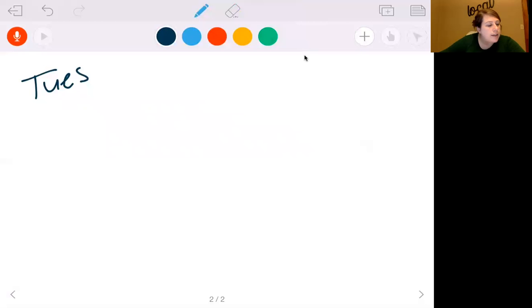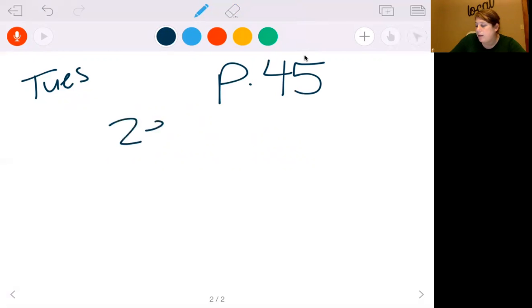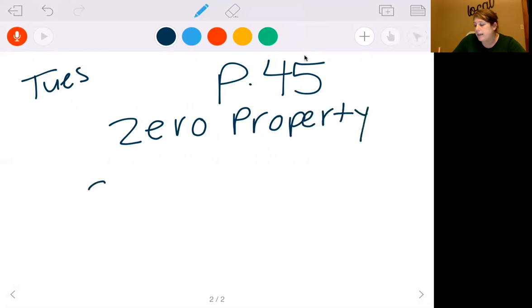So on this page, it says complete, let me tell you what page you're on first, that would be helpful. Page 45. Complete the number sentence to show the given property. So if I give you something like this, if I give you the name 0 property, then I give you 3 times blank equals blank.